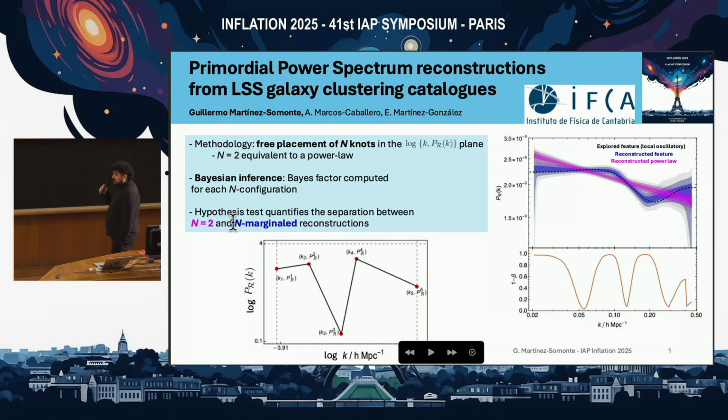In that plot, you see an example with an input feature in dashed black, and our marginalized reconstruction is able to properly track this feature.